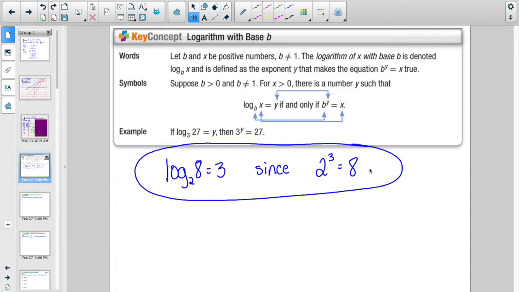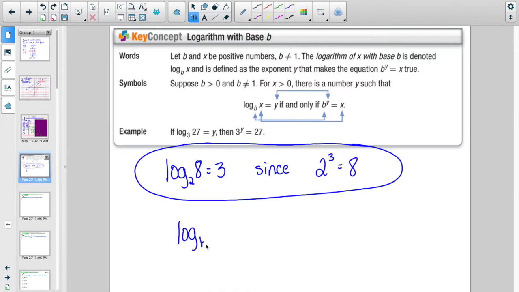If you remember this as an example, then you'll know which way to switch things around. The base of the log becomes the base of the exponent. And the 8 and the 3 swap places, just like we swapped x and y. So that's what this information is saying here.